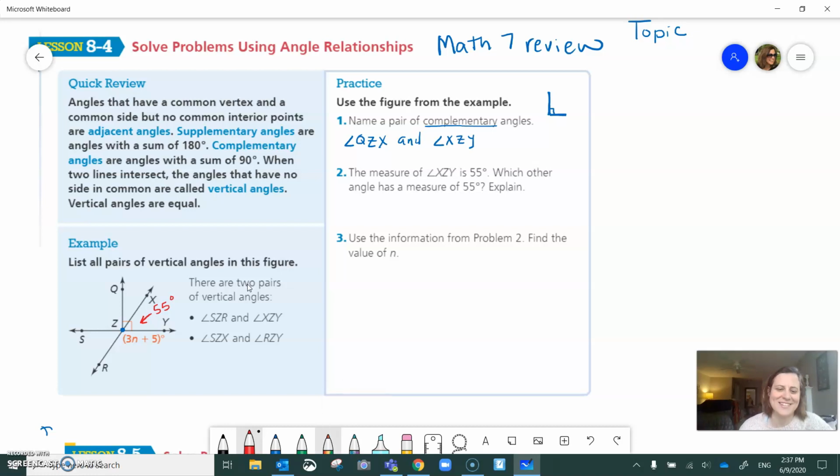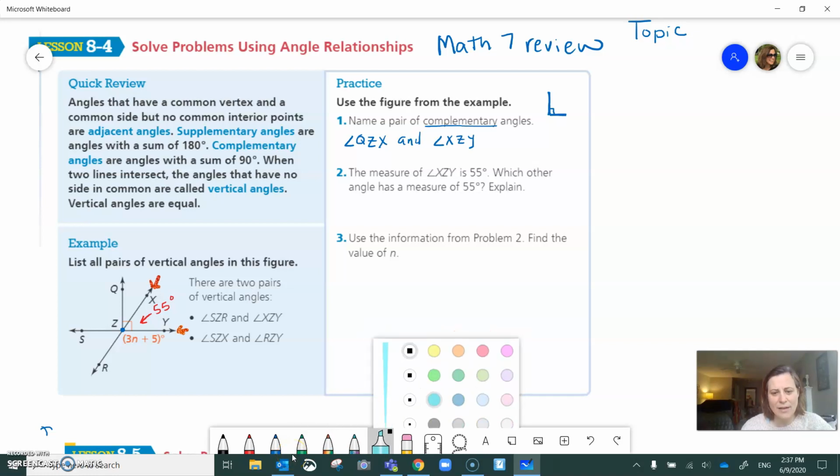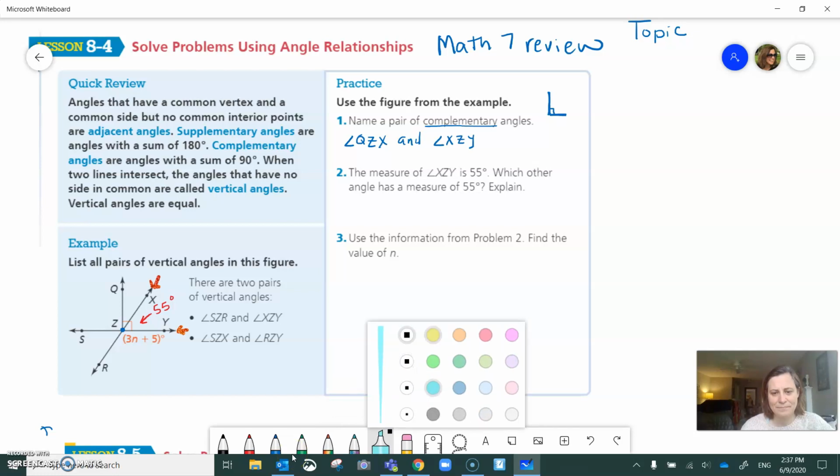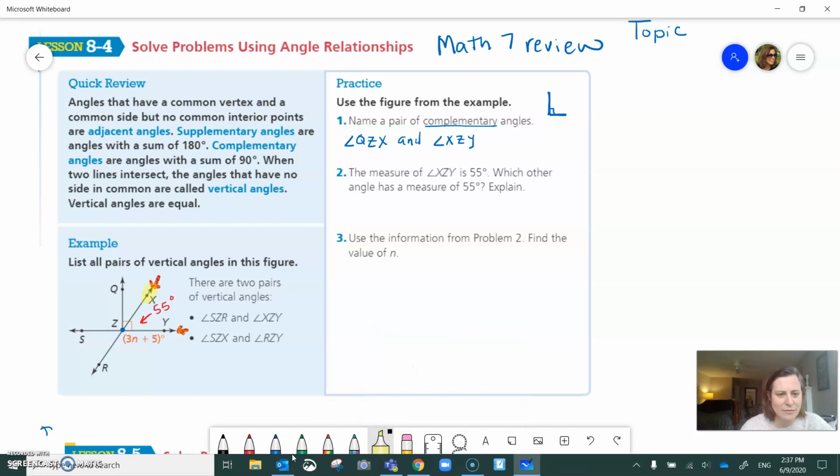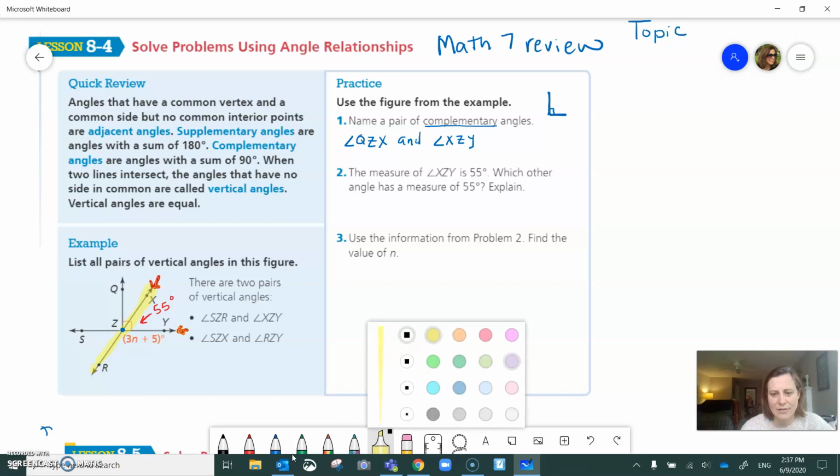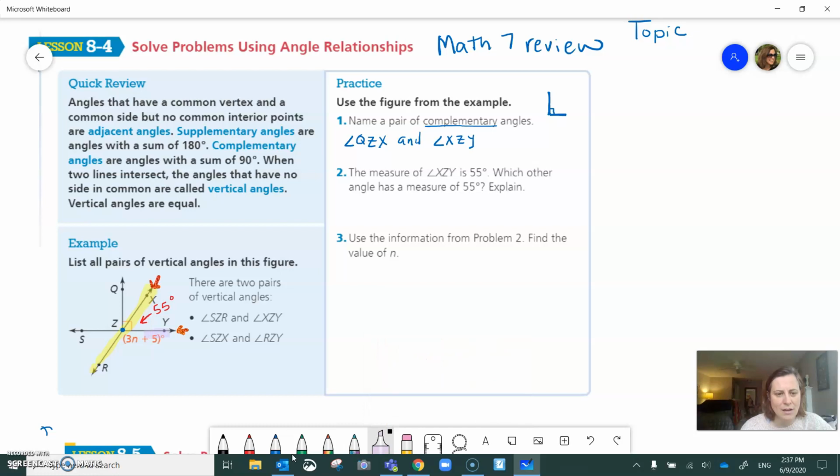So I want you to see something here, okay? This angle is made up of this ray and this ray. And if you follow those rays all the way back, the vertical angles are congruent is the idea here.